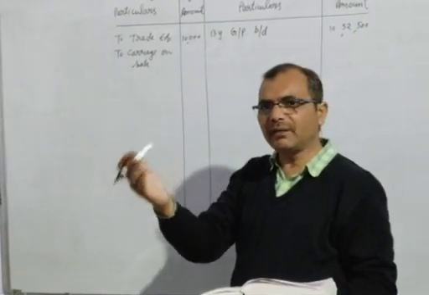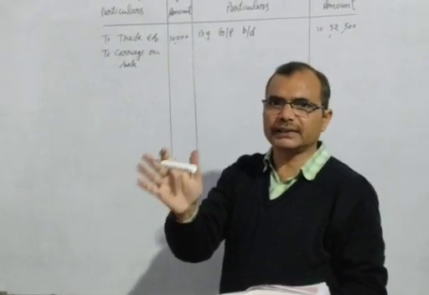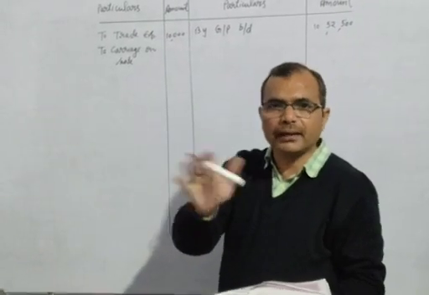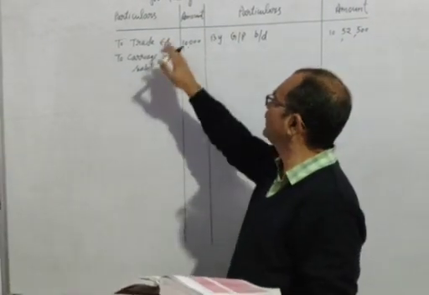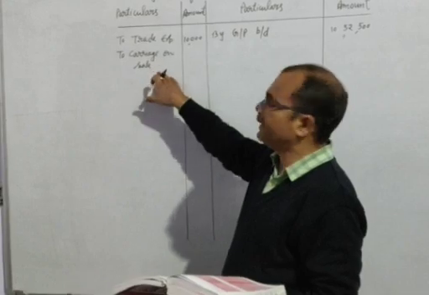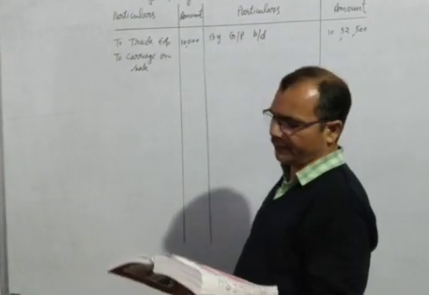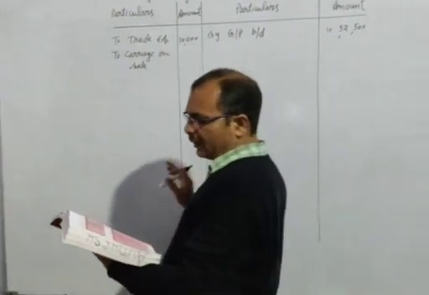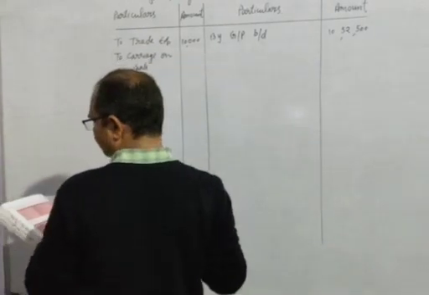And if in front of any item it is written on sale, that becomes an indirect expense, and that will be entered on the debit side of the profit and loss account. So it will be recorded on the debit side.